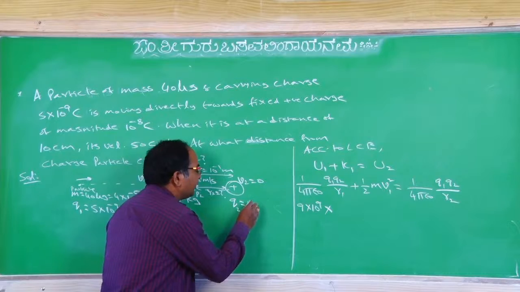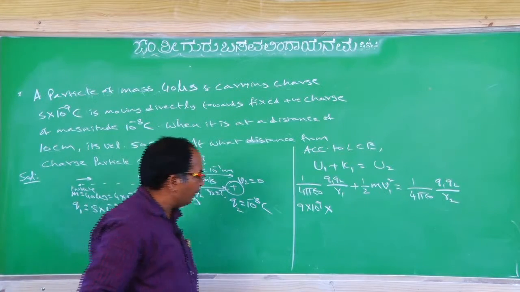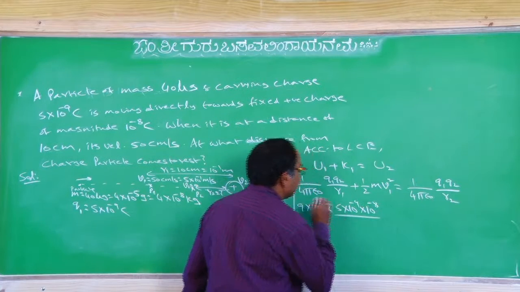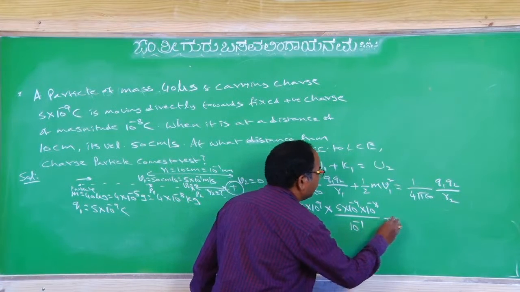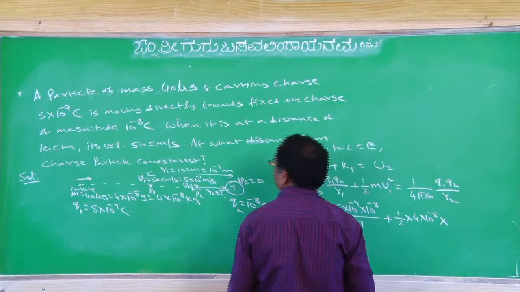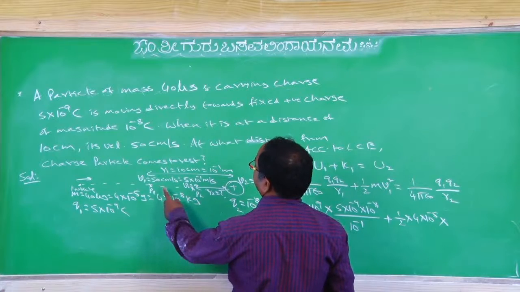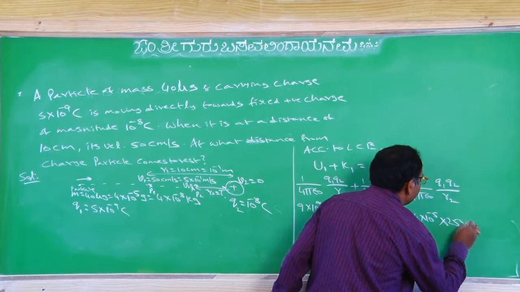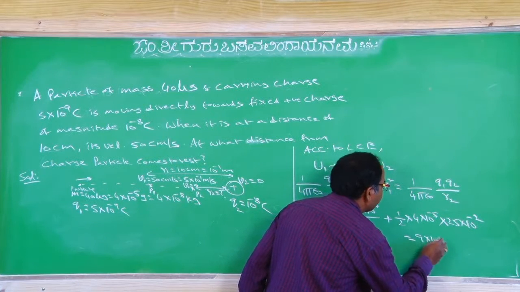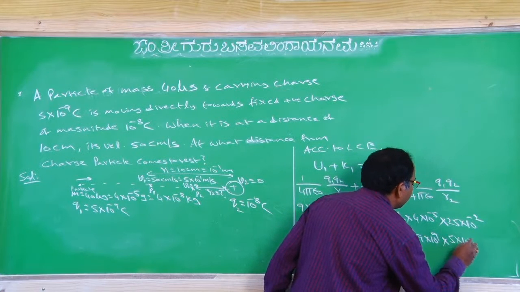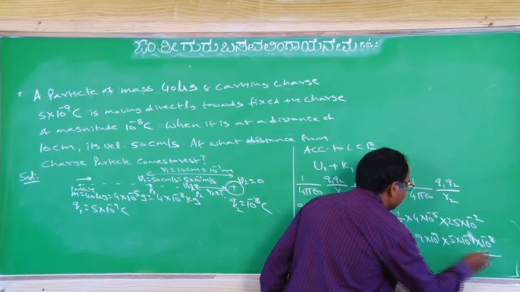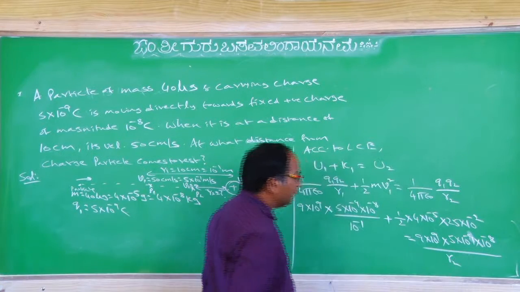So, 5 into 10 to the power of minus 9 into 10 to the power of minus 8 divided by R1, 10 power minus 1, plus half into mass, 4 into 10 to the power of minus 5, into velocity square, 25 into 10 to the power of minus 2, that is equal to 9 into 10 to the power of 9 into 5 into 10 to the power of minus 9 into 10 to the power of minus 8 divided by R. Are you able to find out R2 or not?